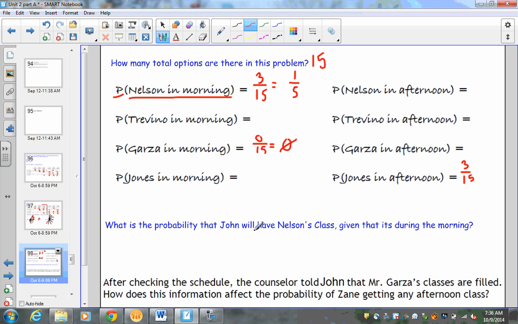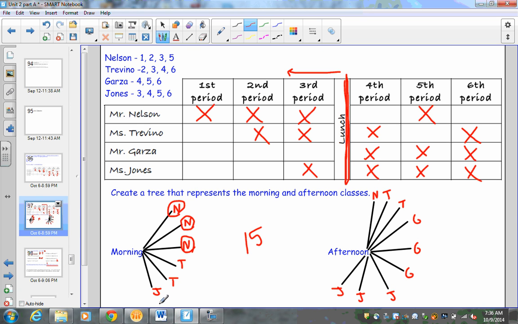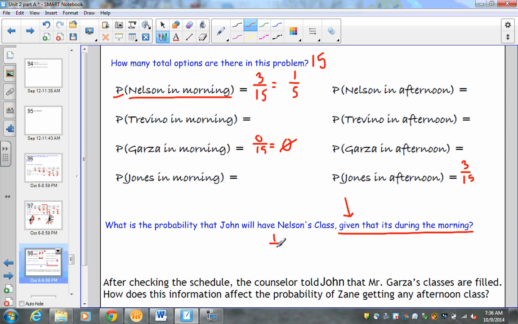What is the probability that John will have Nelson's class? Now, here's the stipulation: given that it is during the morning. So the fact that you're given the little restriction here, you're only looking at morning classes. Going back to our tree, how many Jones? There's one Jones, but you're only looking at the morning classes, which is 1 over 6.